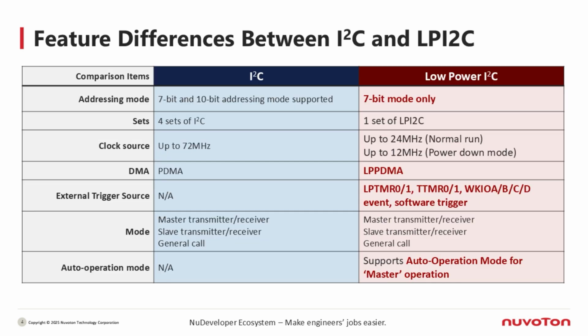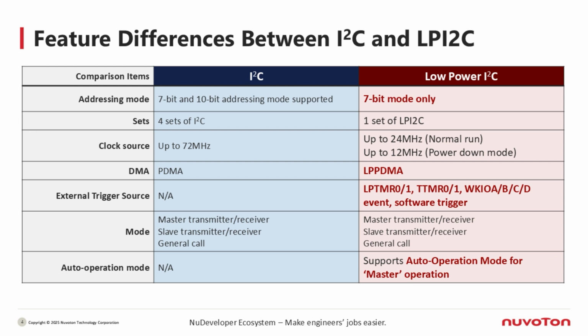Now let's take a look at the differences between the regular I2C and the low power I2C in the M2L31 series. The first big difference is that the low power I2C only supports the 7-bit addressing mode. Next, its clock source can go up to 24 MHz, which is more than enough for most low-power applications. Another key point is that the low-power I2C works together with the low-power PDMA to move data around.